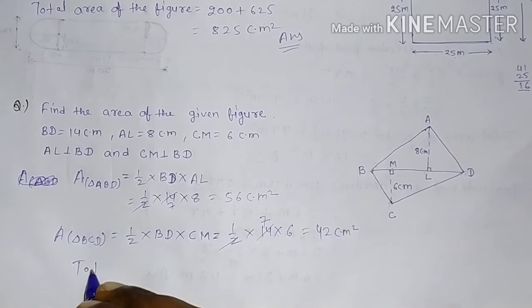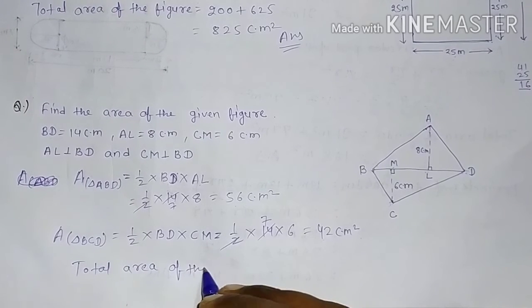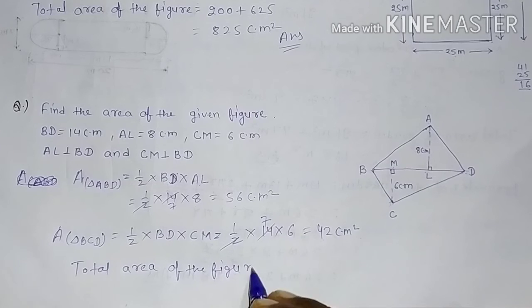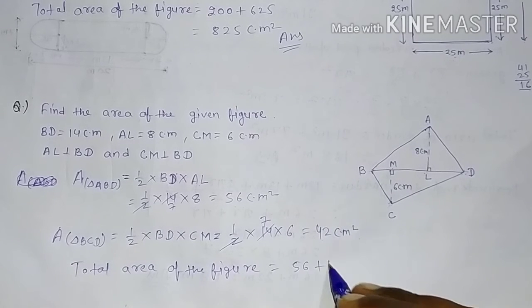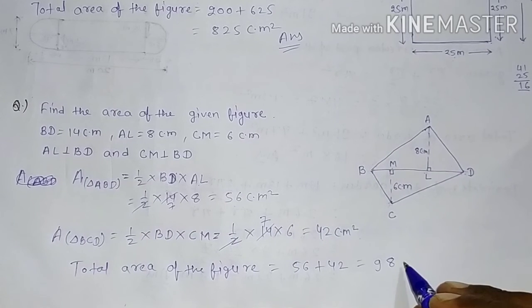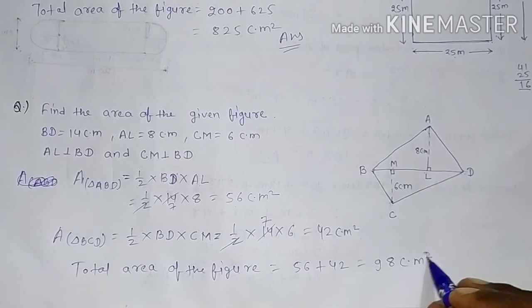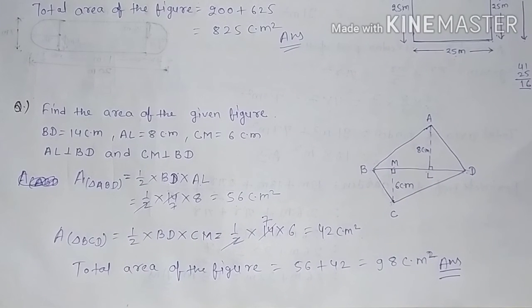So total area of the figure equals to 56 plus 42, that is 98 centimeter square, and this is the answer. Now these are the explanation of this question.